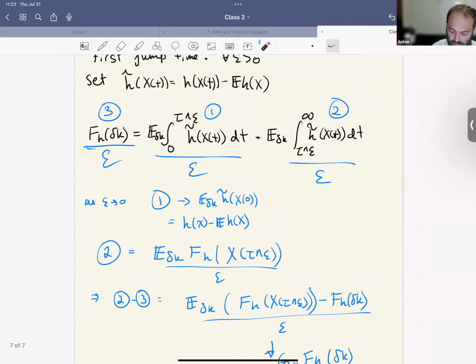All right, so that is the Poisson equation. But now the only real thing to show is number 2. So let's focus on that integral. If I went fast, and someone wants to clarify something, please let me know.